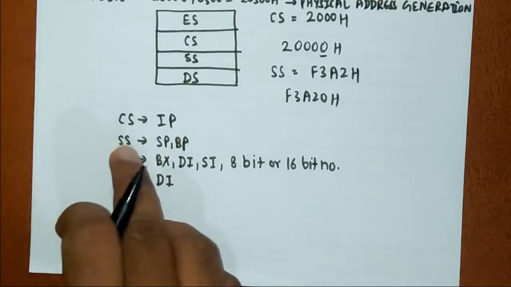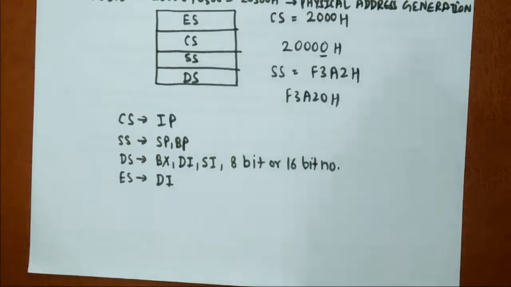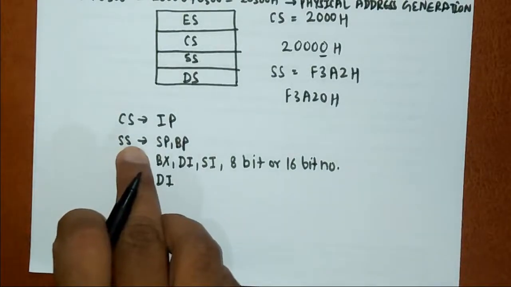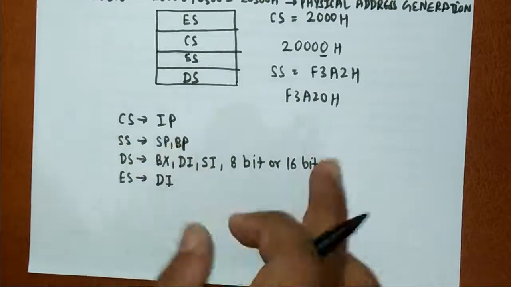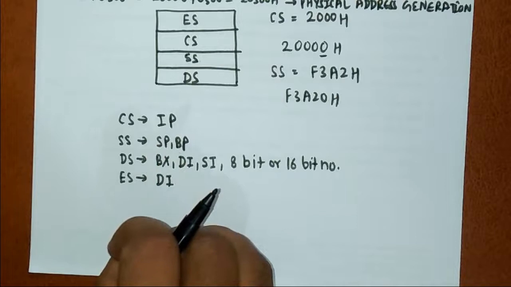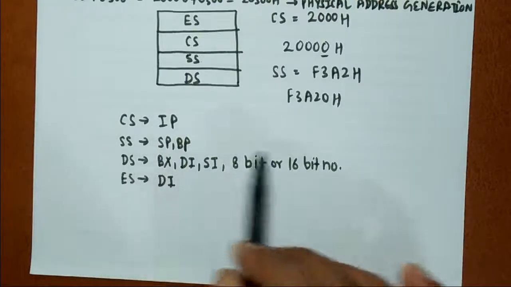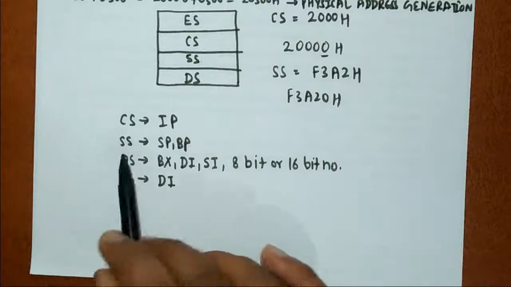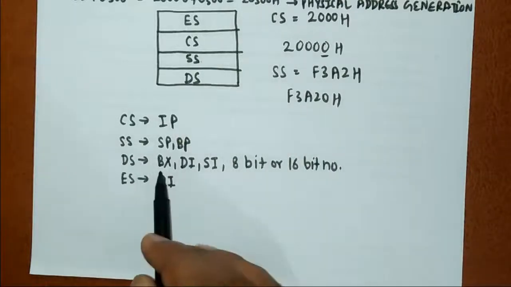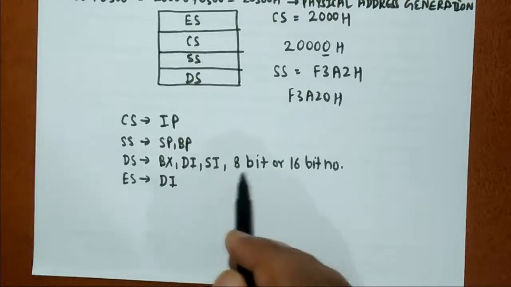Similarly, for the stack segment, if you want to generate a 20-bit address, then the segment address must be in the stack segment register, and for the offset you can get it from the stack pointer or base pointer. Similarly, for the data segment, the base will be in the data segment register and the offset will be in either register BX, destination index or source index, or any 8-bit or 16-bit number.